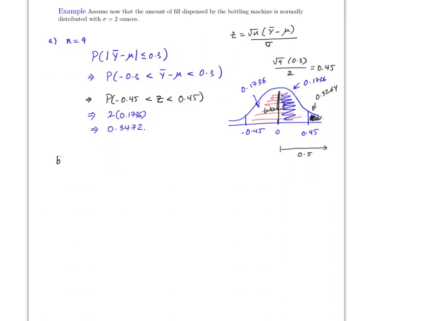Now let's do the same thing, but let's say n was 64 instead of 9. So we still have the exact same problem. The only difference is the value for n. So here now we have the square root of 64, which is 8, times 0.3 divided by 2, and that will give you 1.2.